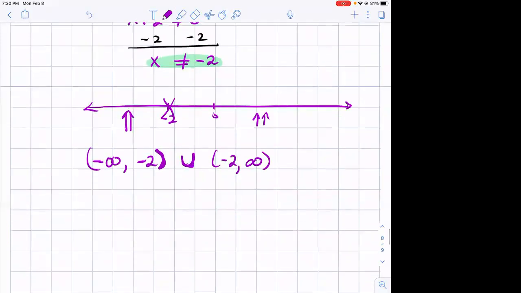So the domain of this function is minus infinity to negative 2, union with negative 2 to infinity. Although you're seeing negative 2 here, remember there's a parentheses, so negative 2 is not really part of it, okay? Very, very close to negative 2, but not exactly negative 2. So keep in mind what the domain is, okay? What is the domain?